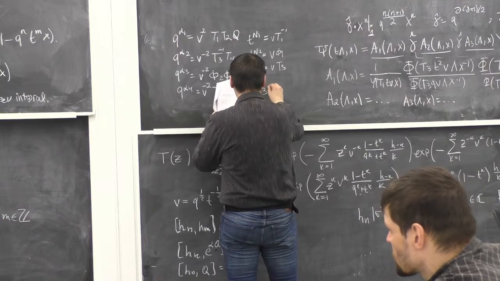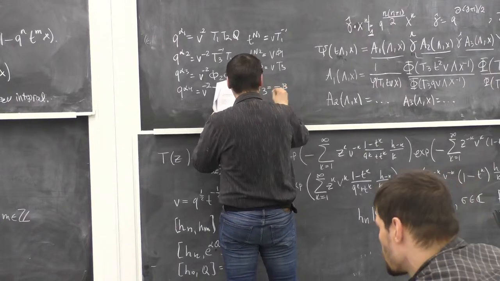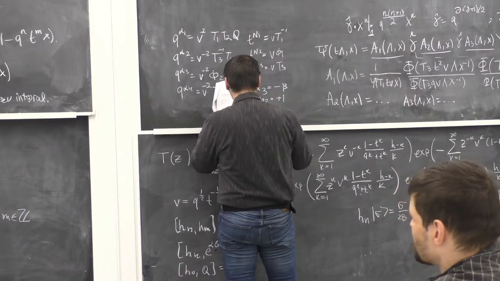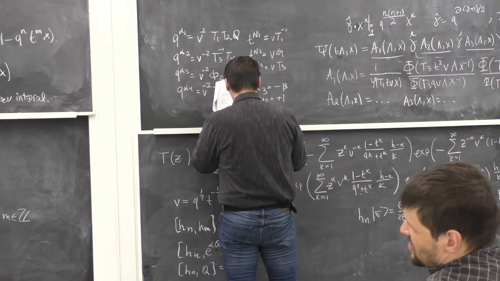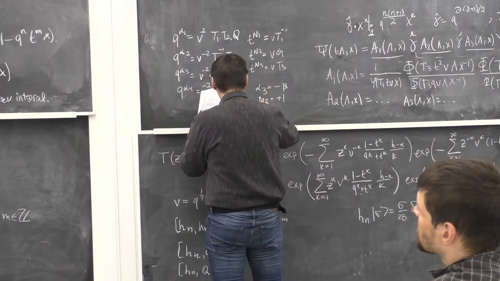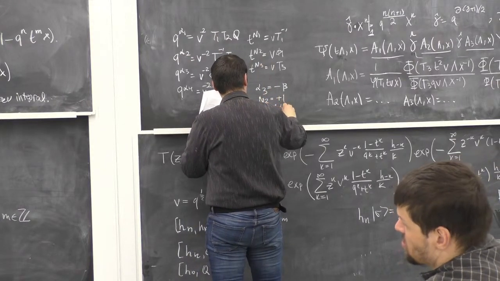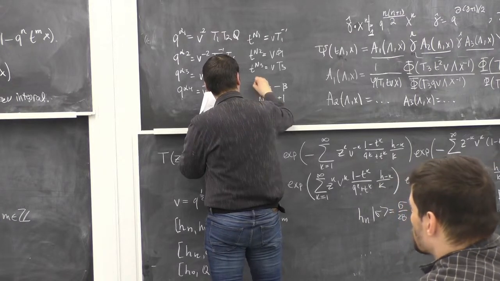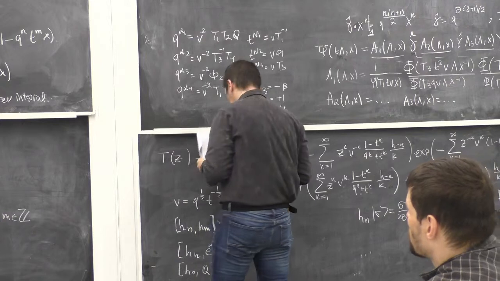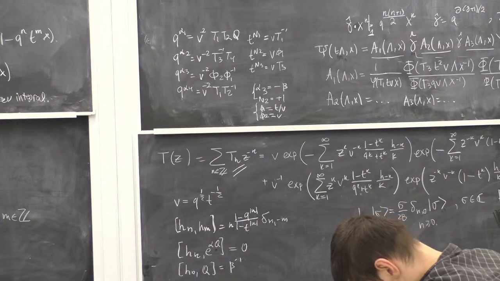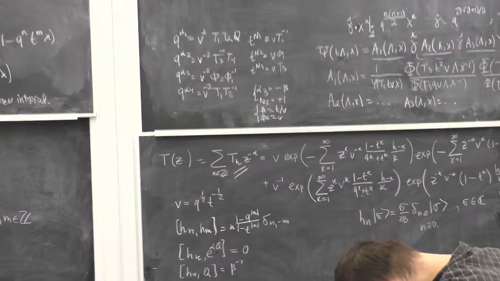You have to put alpha 3 is minus beta, and N2 is plus 1. And this corresponds in this other notation to phi 1 is T over V, and phi 2 is something. So then the special field is alpha 3, so it's this one.